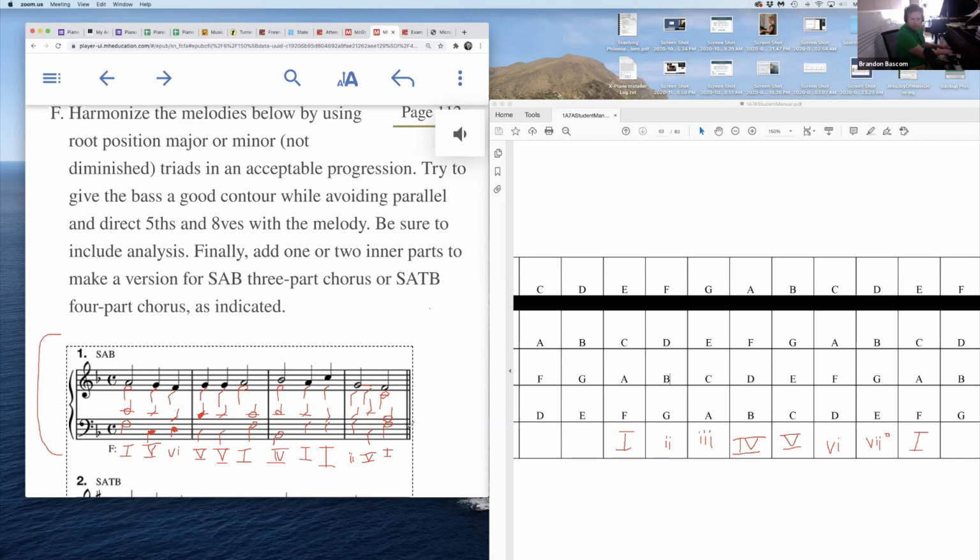Sorry. One more time. I like it. Do you like it?